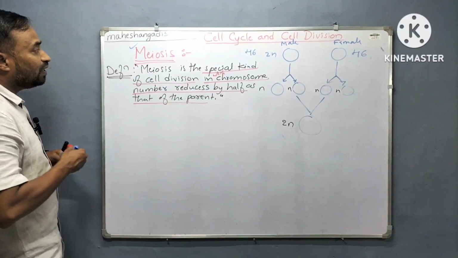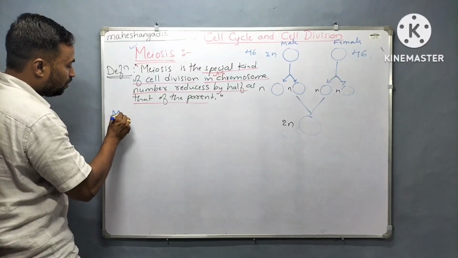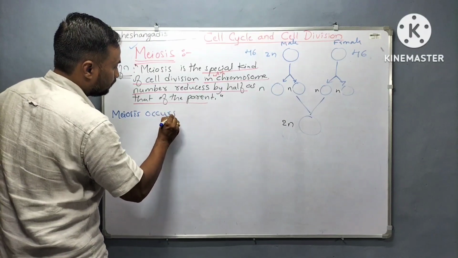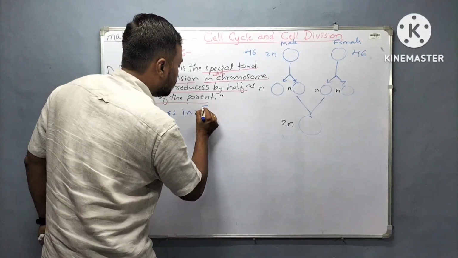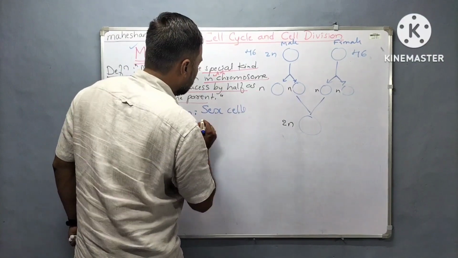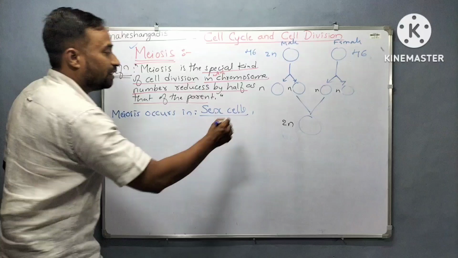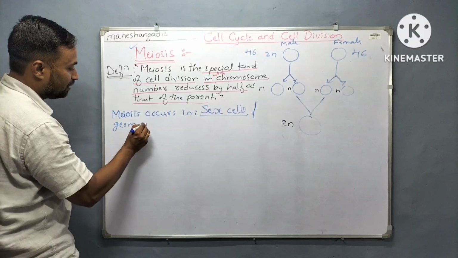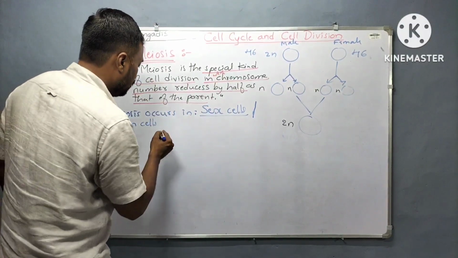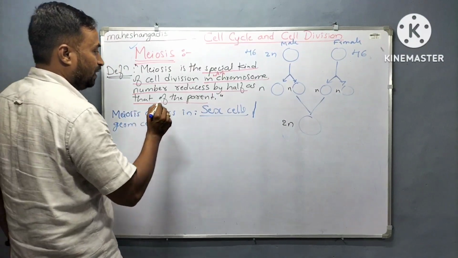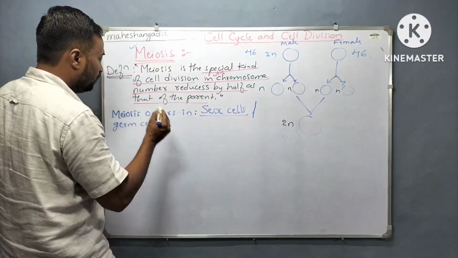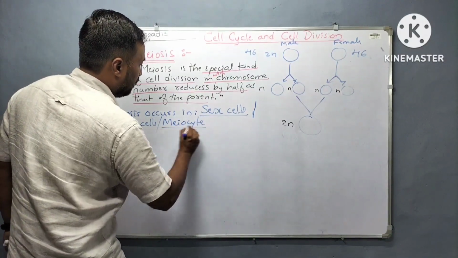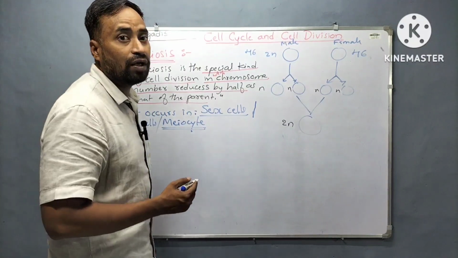Then where does meiosis occur? See here, meiosis occurs in sex cells. For the same sex cells, we can use the term germ cells, which are also termed meiocytes. In second PUC, you are going to define what meiocytes are.